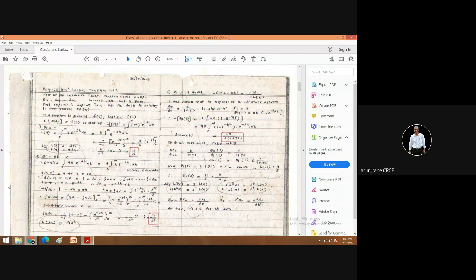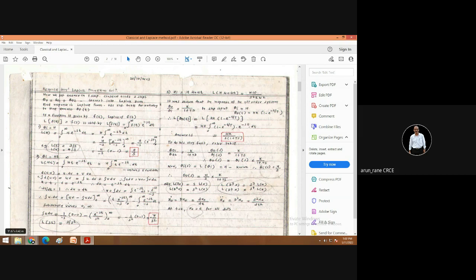Integration from 0 to infinity. So t into e raised to minus st, now this you have to solve by the UV rule, the product rule, isn't it? Integration of u dv is uv minus integration of v du, correct?